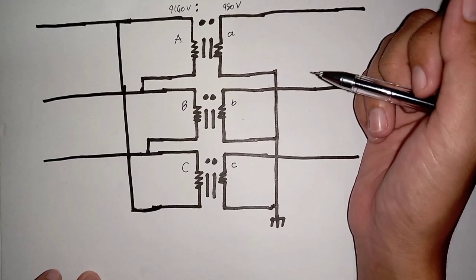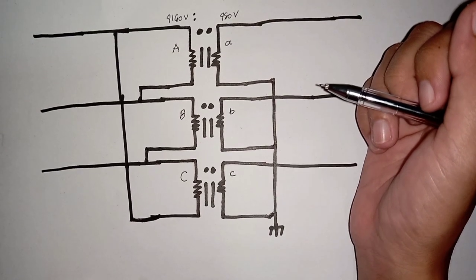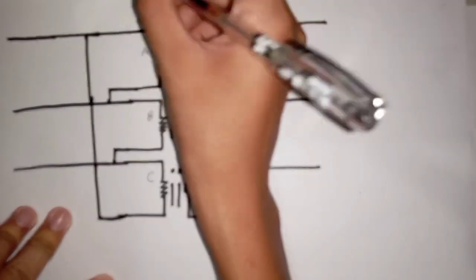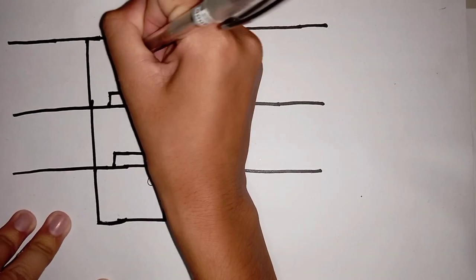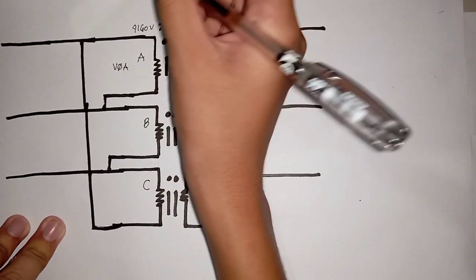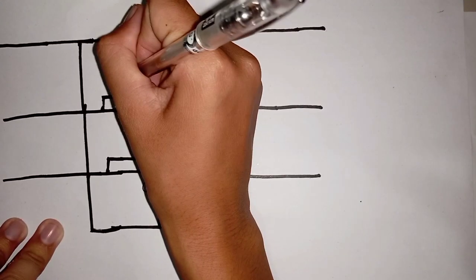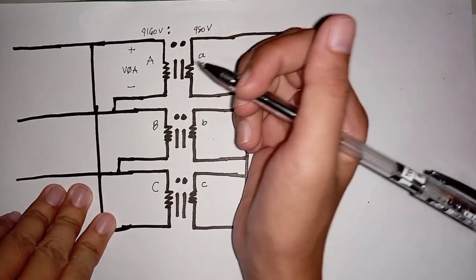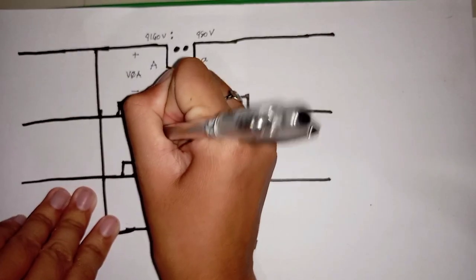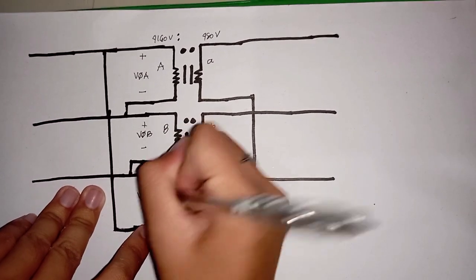So we all understand that the phase voltage is the voltage measured across the transformer windings. So let's illustrate the primary phase A voltage, which is measured across the polarity side of winding A and the non-polarity side of winding A. Similarly, we illustrate the primary phase B voltage and the primary phase C voltage.